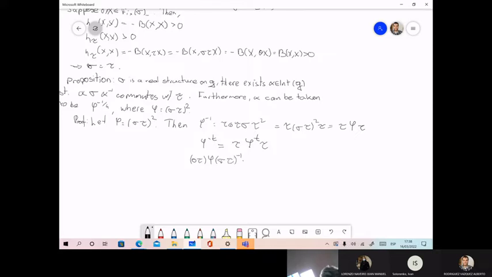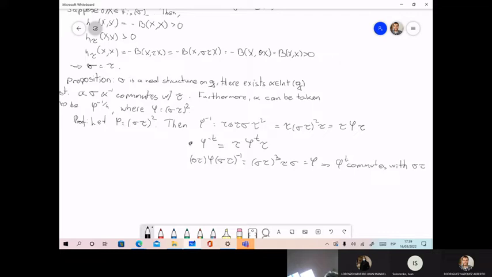This is just sigma tau to a third tau sigma, which is just phi again, right? Okay, and thus phi commutes, well, in fact, phi to the t commutes with sigma tau.